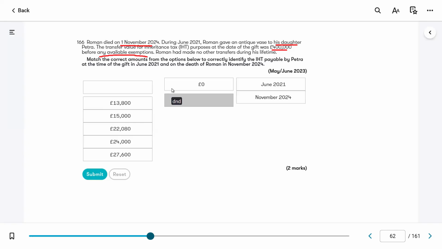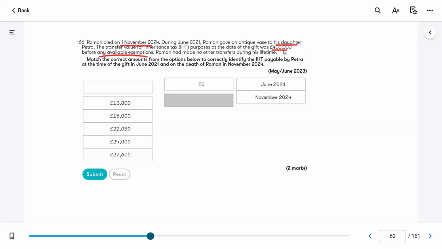However, Roman has now died in November 2024, and this amount will be taxable. So we're going to take this 400,000, the value of the PET. We're going to deduct the annual exemption of 6,000, 3,000 for the current year and 3,000 for the previous year.